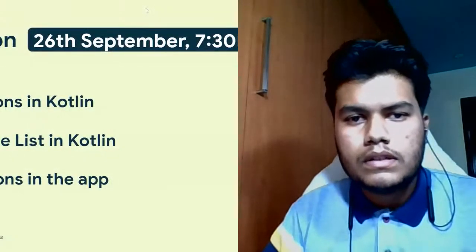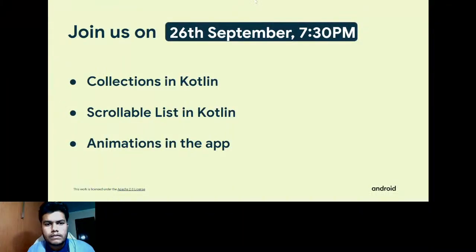Yeah, so this is the details about our next event. It will be on the 26th of September at the same time, which is 7:30 p.m. And we have given about 5 days of time so that you can catch up with the course on Google Android's website. The link is here. I'll just pin it in case you're not able to find it.